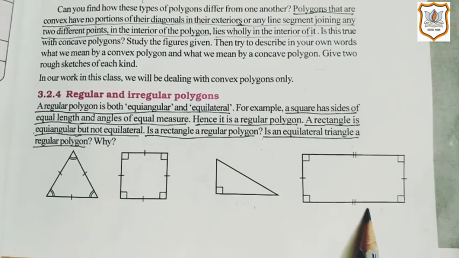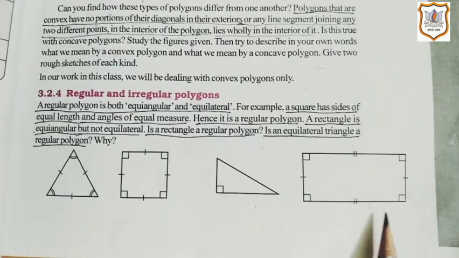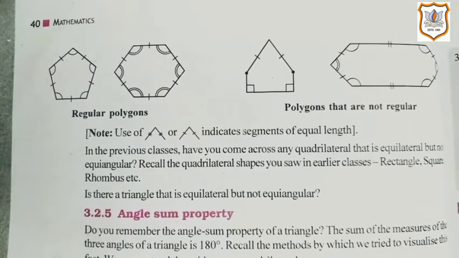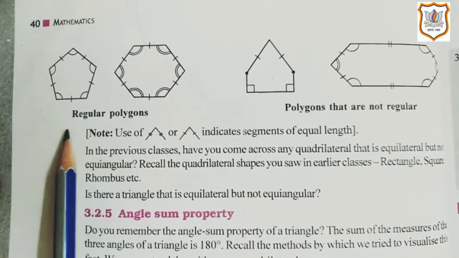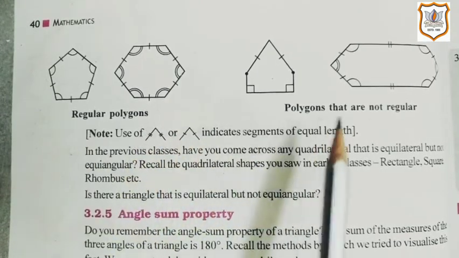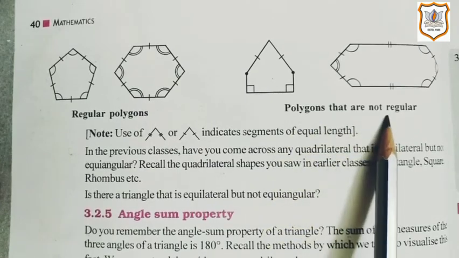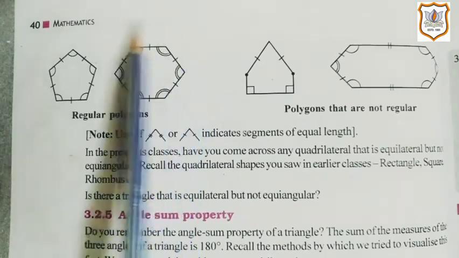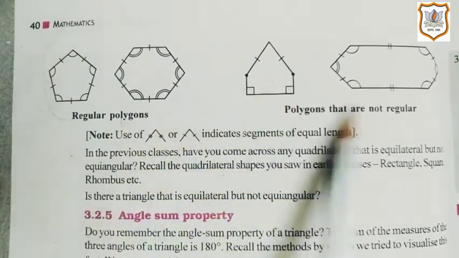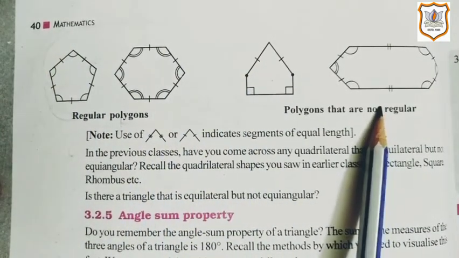So this is an irregular polygon. Students, you can see some other figures of regular polygons and polygons that are not regular, meaning irregular polygons. So these are regular polygons and these are irregular polygons.